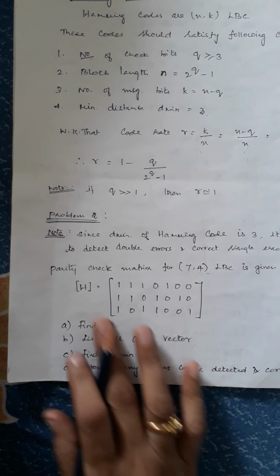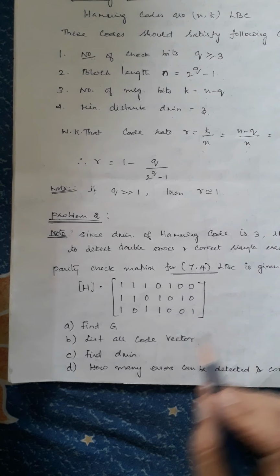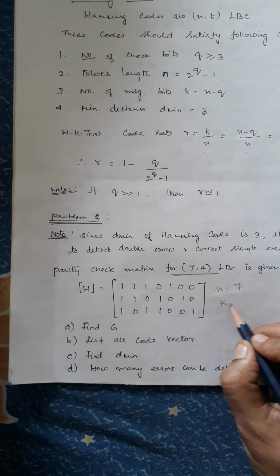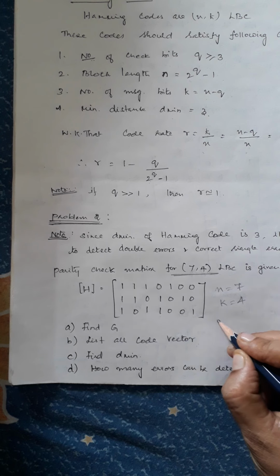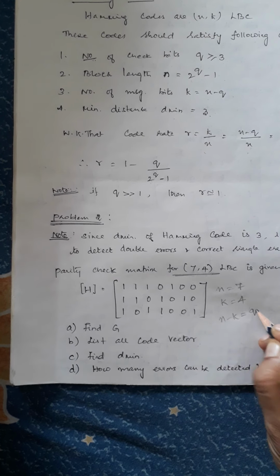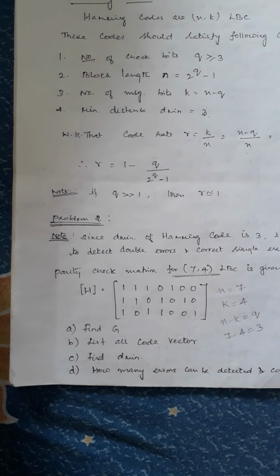As soon as the matrix is given, you just note down its size. From the size you can say n is equal to 7, k is equal to 4. So what is n minus k? n minus k is equal to q, which is 7 minus 4, which is 3.